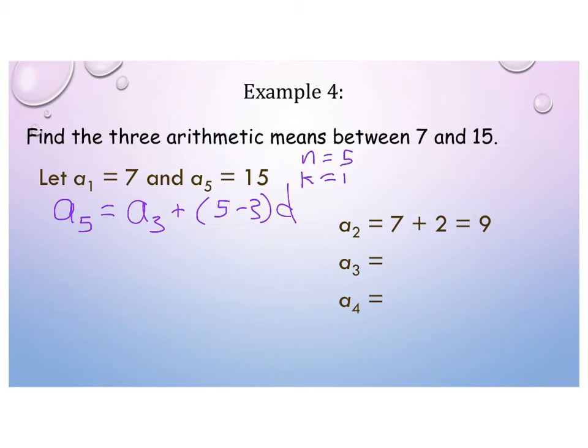I know that a sub 5 is 15. It's equal to 7 plus 5 minus 3 is 2d. Subtract the 7. 8 equals 2d. Divide by 2, and I get that d is 4.